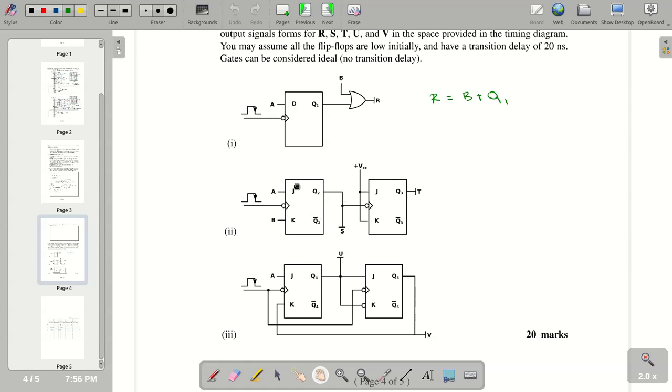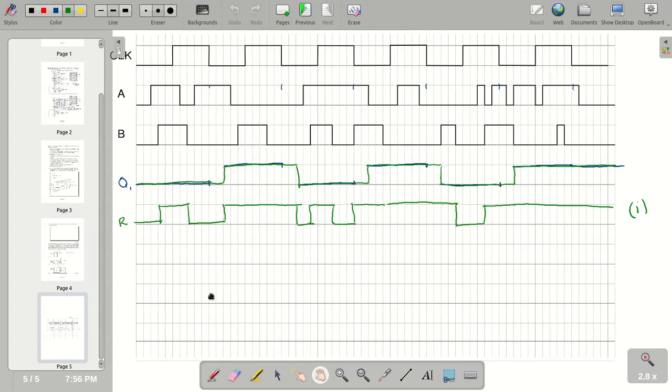We'll do this part by part. In this first flip-flop, we need to look at A and B as inputs, and depending on what they are, whenever there's a falling edge, that's when we need to look at it. Let's go back over here, and I'm going to draw some lines so I can see these falling edges.